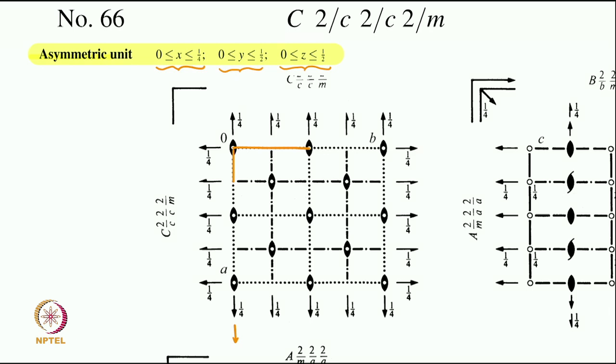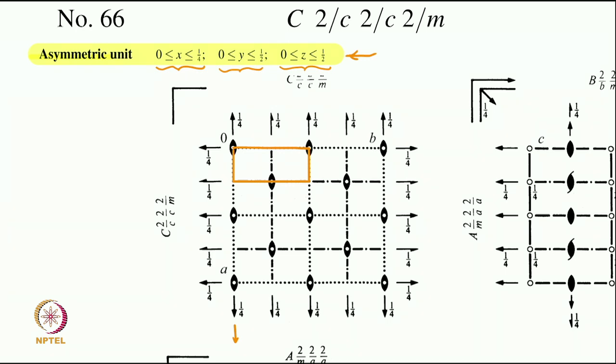So, the projection of the asymmetric unit cell in the xy plane, in the AB plane, becomes this little box, and in the z we are going 0 to half. So, you can imagine a prism or a parallelepiped based on this base and of a height equal to half the height of the unit cell. So, that region, that domain becomes the asymmetric unit.